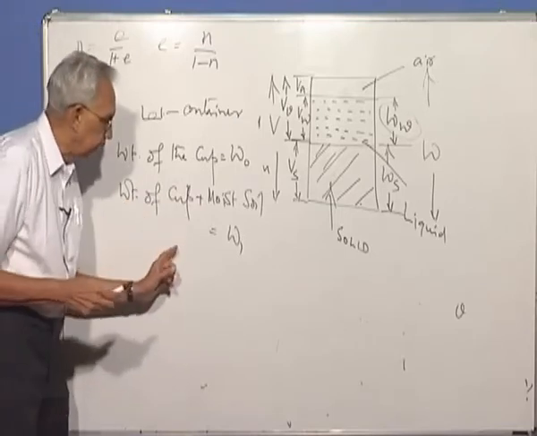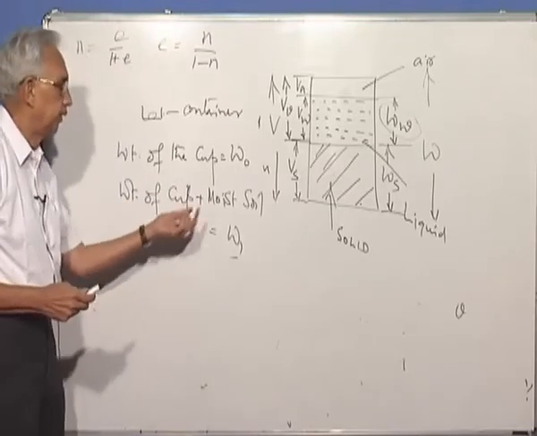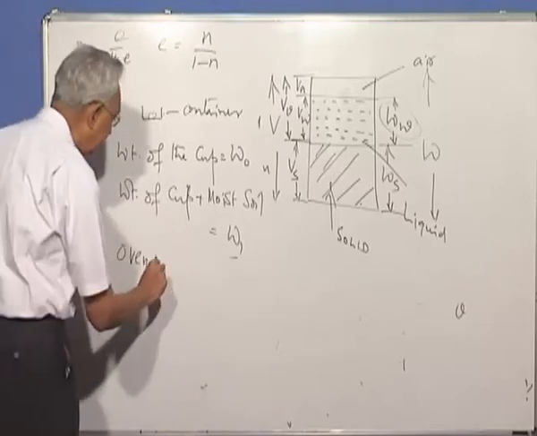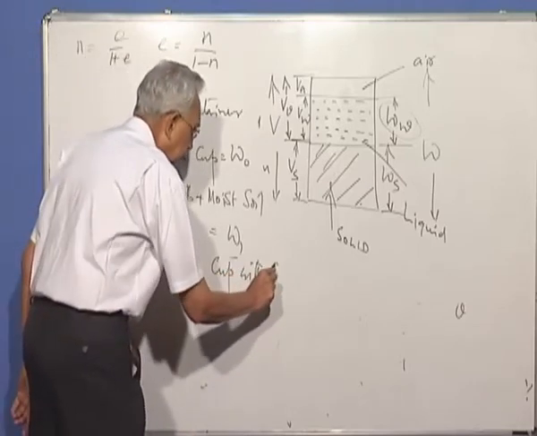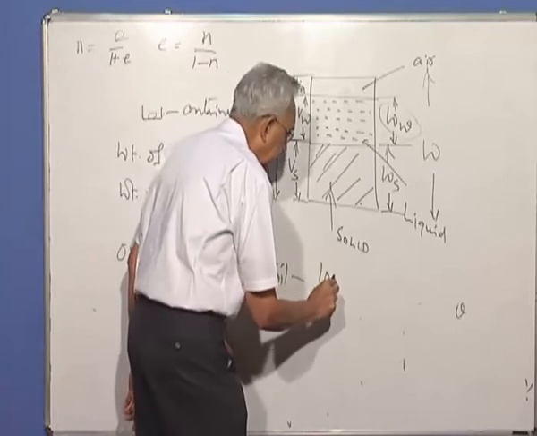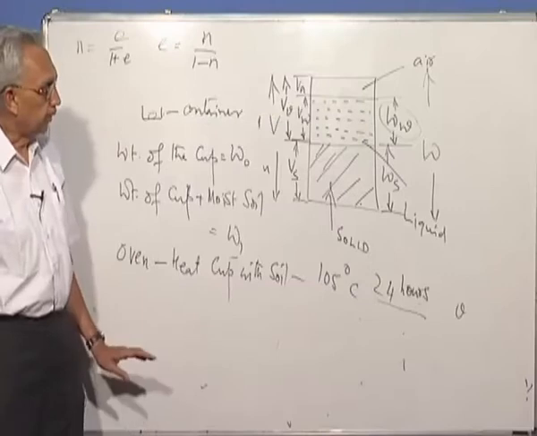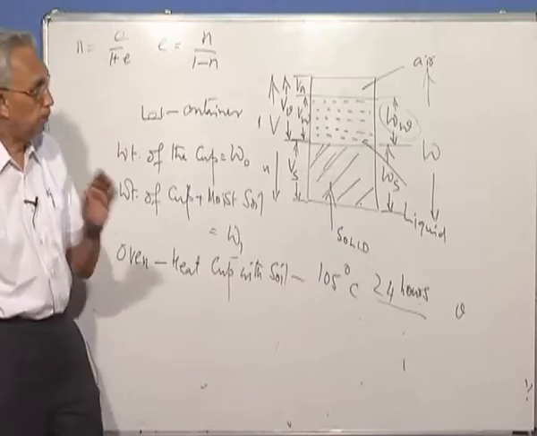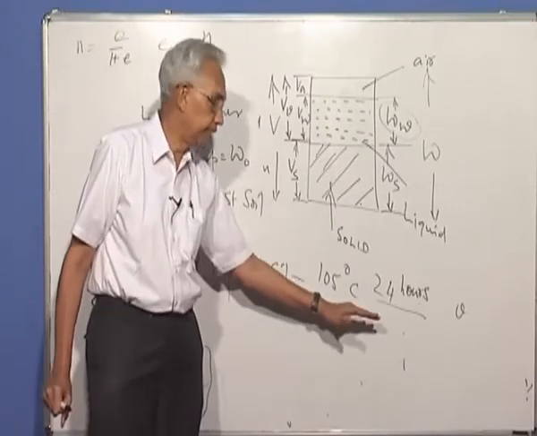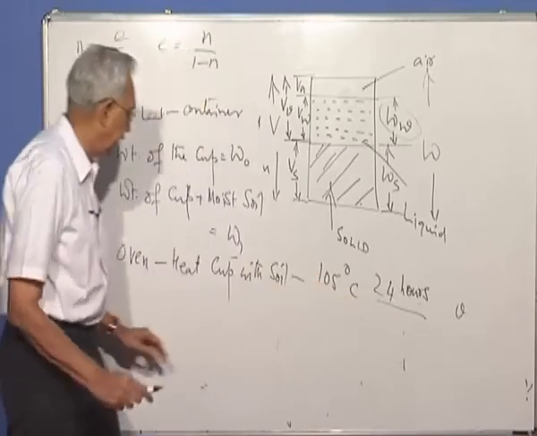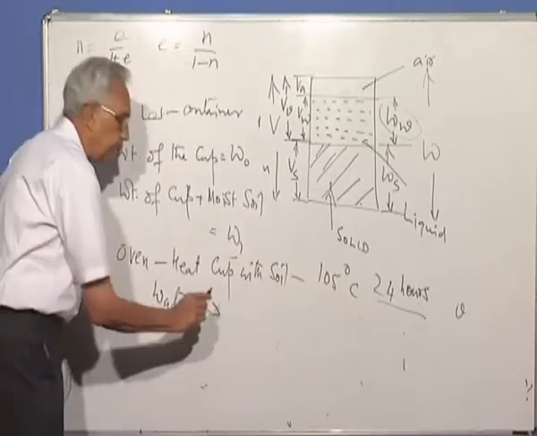Then after I take this reading, I put this cup with the soil in an oven and heat the cup with soil sample to at least 105 degrees centigrade for 24 hours. What happens when you are heating above 100 degrees for a sufficiently long time? Would you agree that all the water will get evaporated?